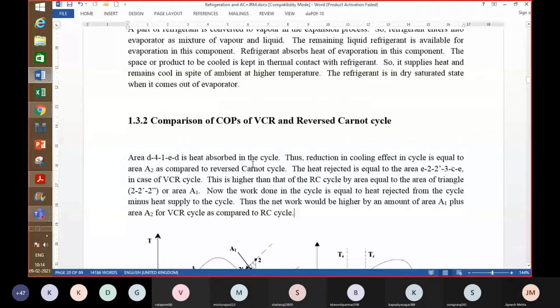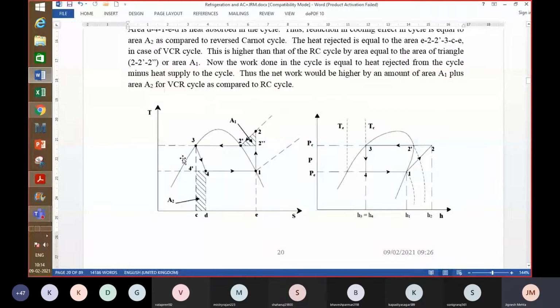But if you know the equation for the steady flow process carried out in this expander, the theoretical work that will be produced can be given by the integration of V dP, V being specific volume, right? And dP is the change in pressure.